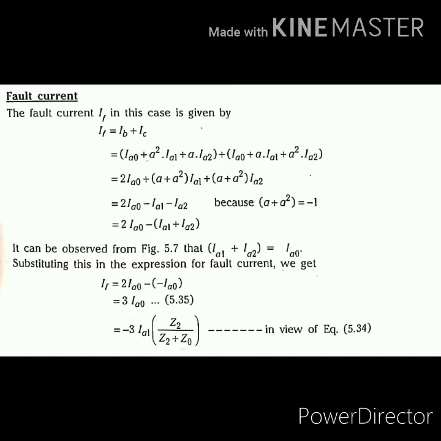Now if you see here, Z0 comes into the picture in the final equation. When Z0 comes into the picture, we should see the effect when the neutral is not grounded. So let's see what happens if the neutral is not grounded. We have Z0 is equal to Zg0 plus 3 times Zn.